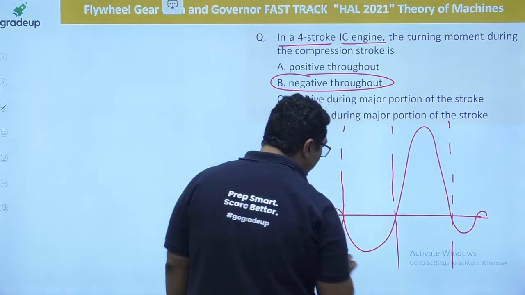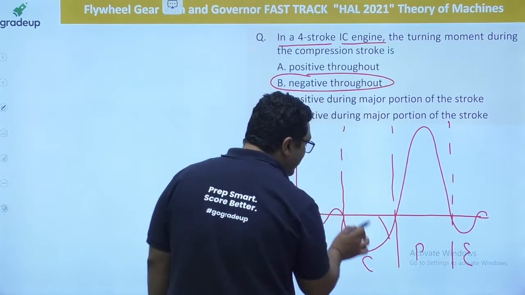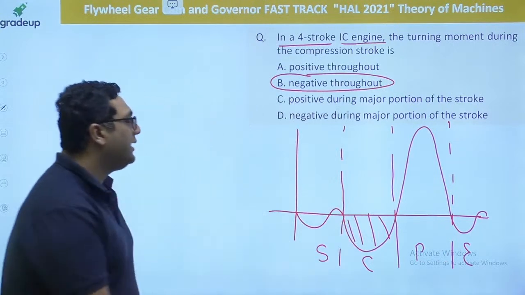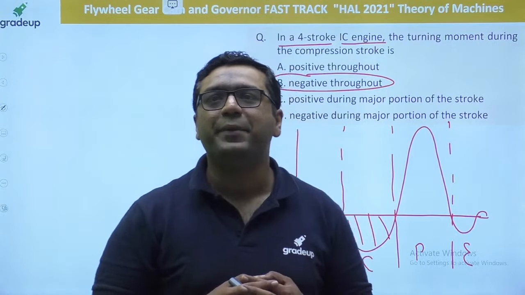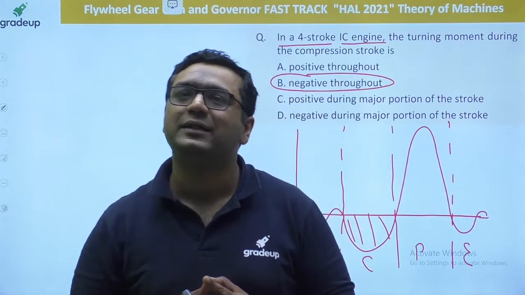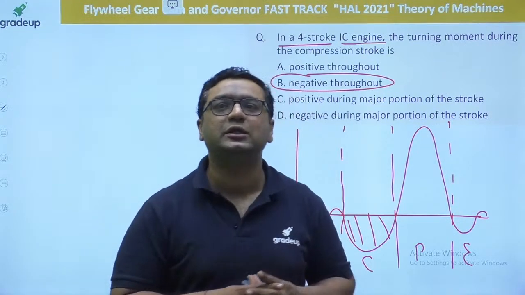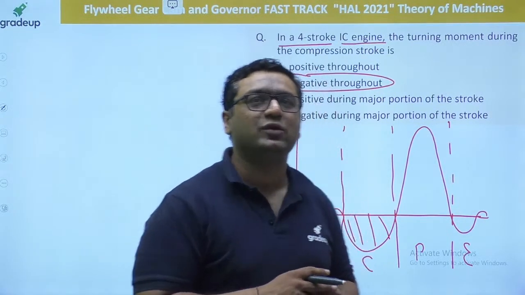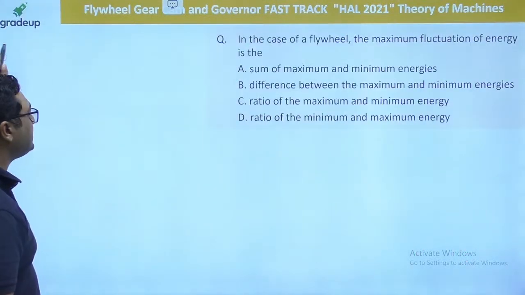So compression is completely negative, and the answer is going to be B. In the compression stroke, basically it consumes work. Yes, definitely E2 entertainment, you are correct. Rajat, sorry, the answer is B. Hope you got the right answer and why. Let us move to the next question, guys.